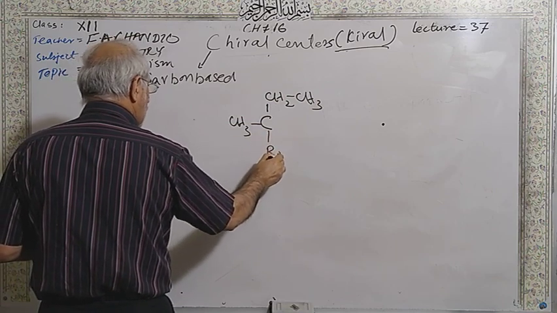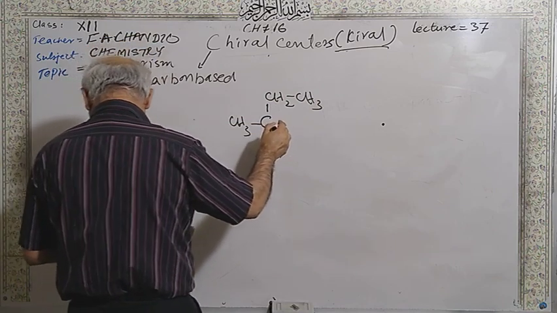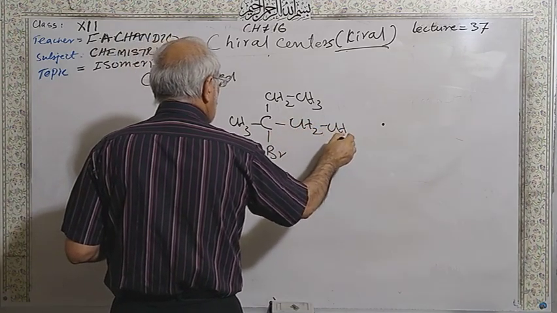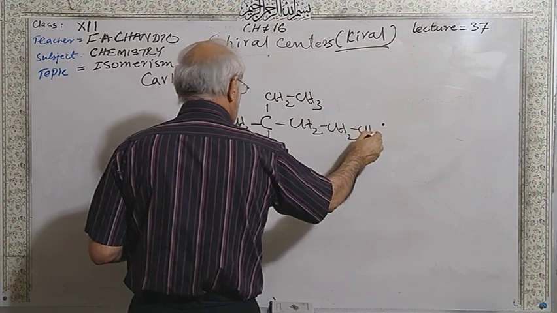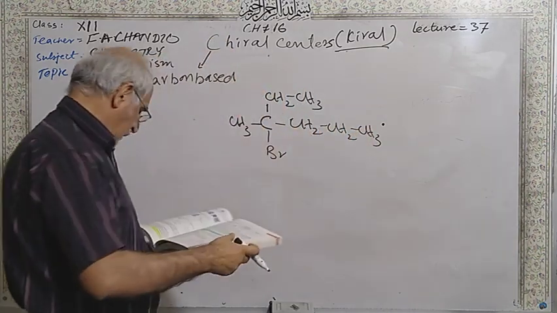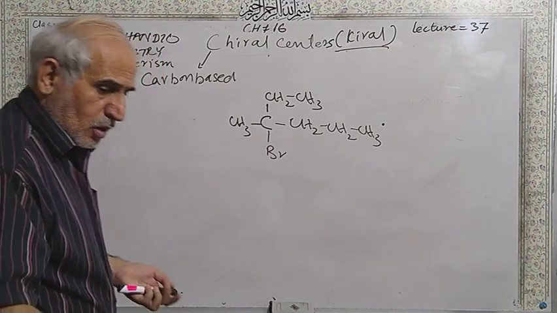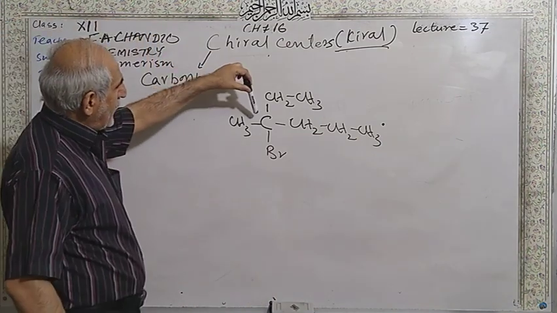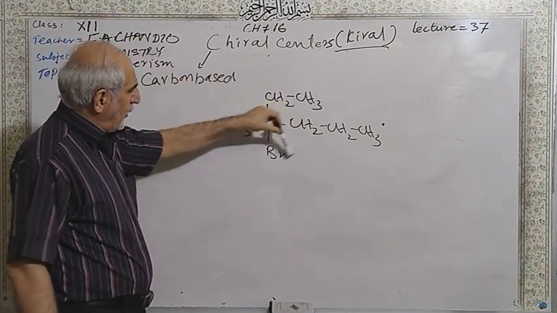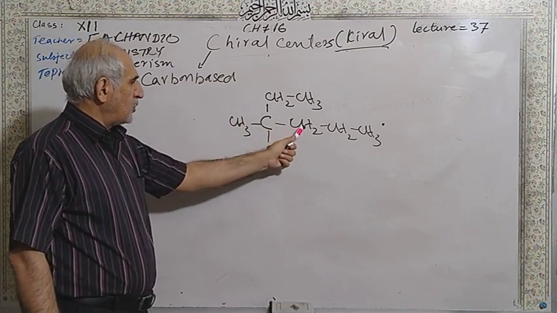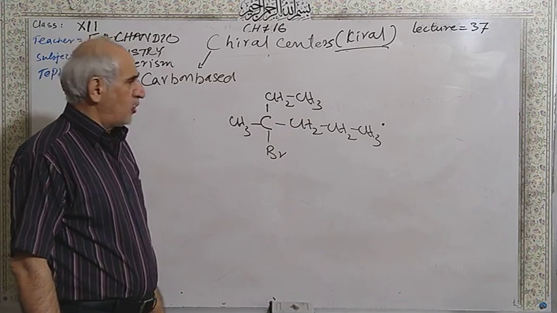Bottom, halogen bromine group. Right, propyl group. Like this one. This center carbon is attached to all different groups: 1 carbon, 2 carbon, 3 carbon, functional group halogen.